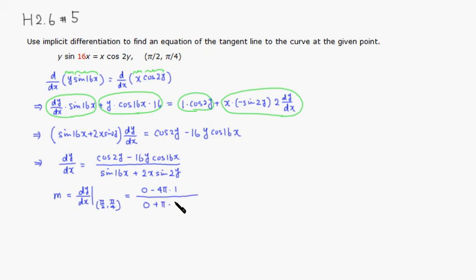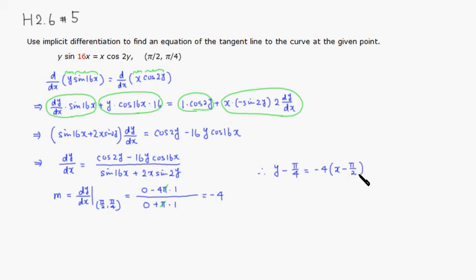So the pi's cancel out and you just get negative 4. So negative 4 is the slope, and therefore the equation is y minus y1, which is pi over 4, equal to the slope, negative 4, times x minus x1, which is pi over 2.